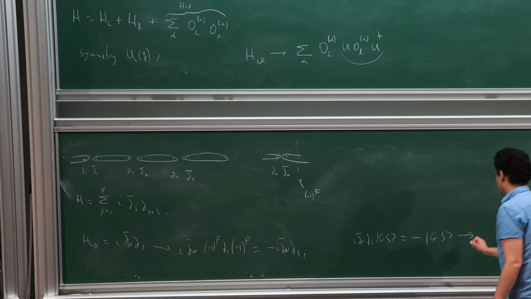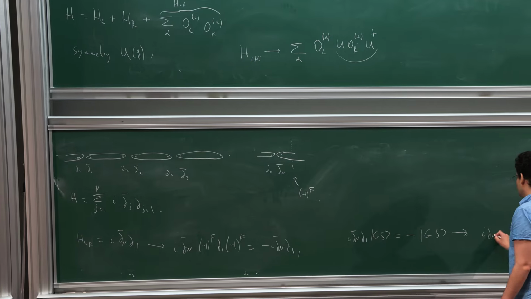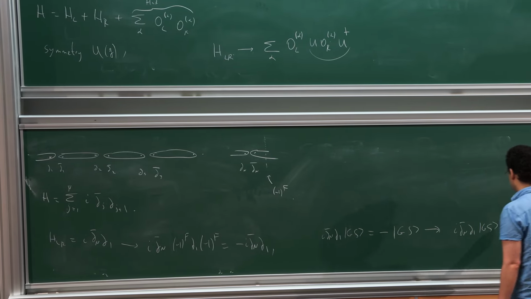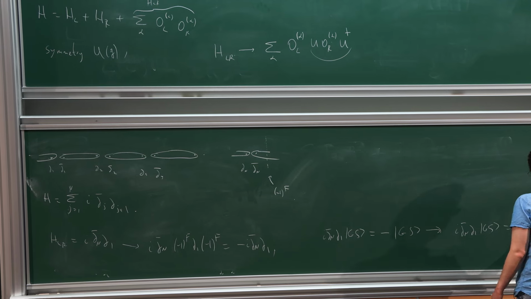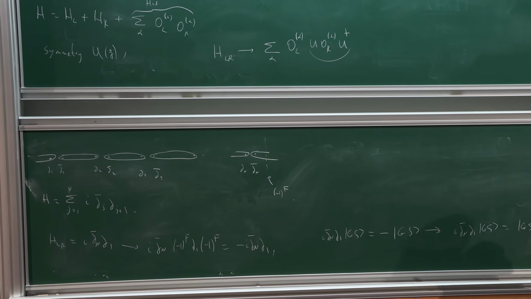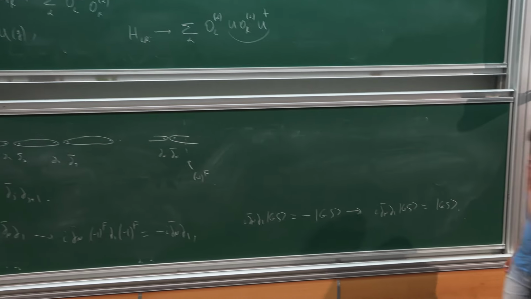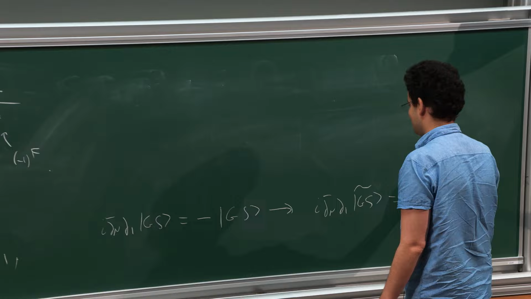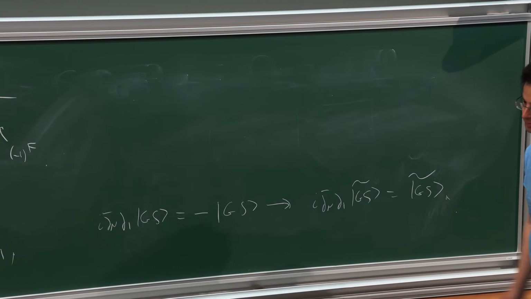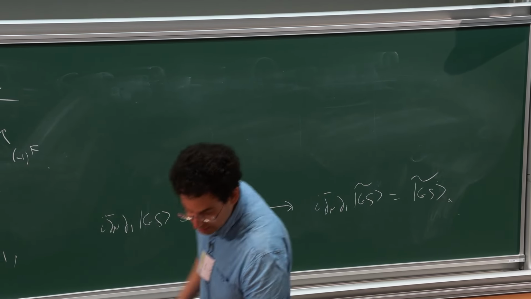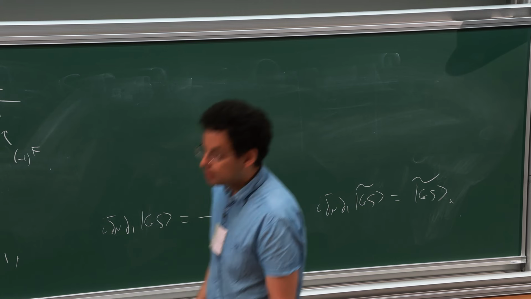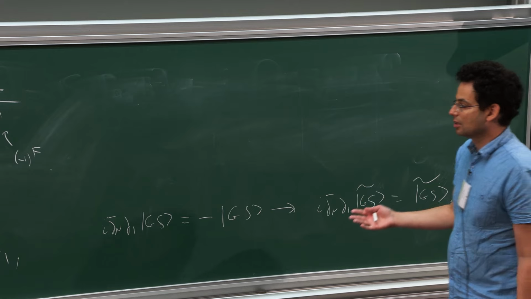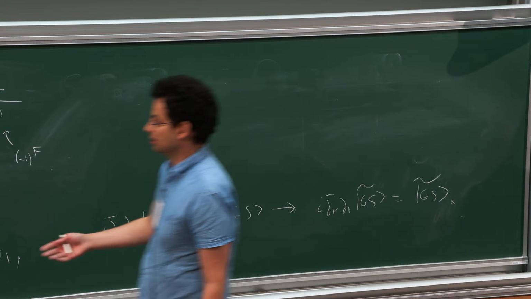This now goes to plus the new ground state. Let me call it twisted ground state. Okay, so we change the Hamiltonian and we have a new ground state. That's right. Yes.